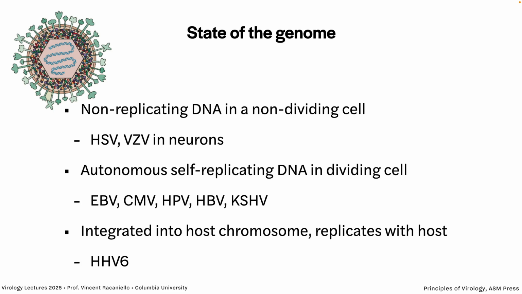In some cases, Epstein-Barr, cytomegalovirus, human papillomavirus, HBV, Kaposi's sarcoma herpes virus, they're not infecting neurons, they're infecting a dividing cell, so the viral DNA has to replicate. And there's one example, human herpes virus 6, where the viral genome integrates into the host chromosome, so it replicates with the host.